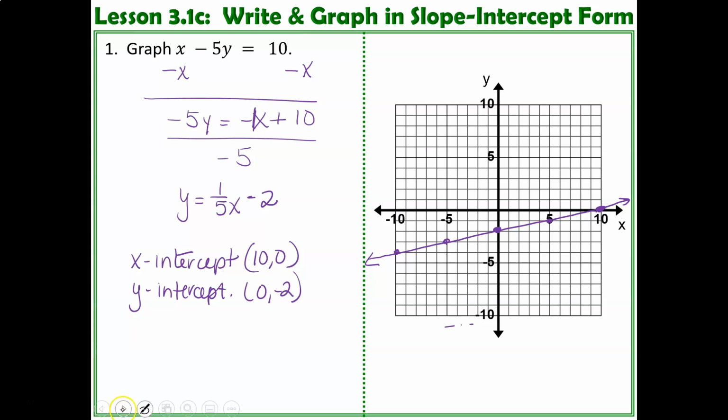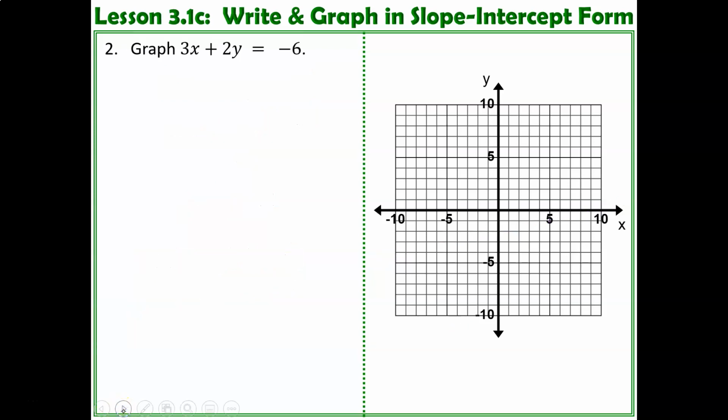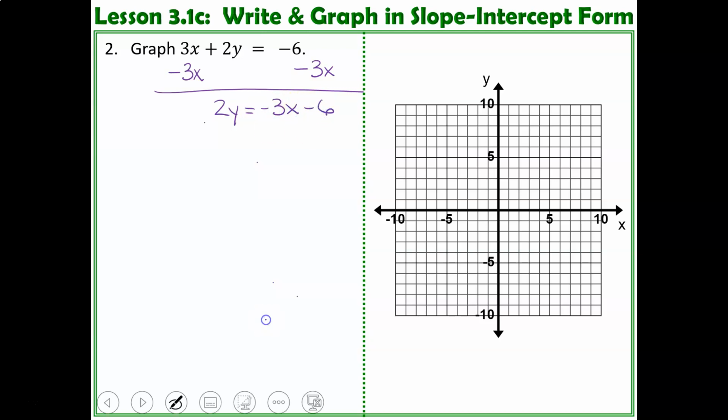Okay, let's try to rearrange this one. Remember, our goal here is to get y alone. So I am going to subtract 3x from both sides. I have 2y equals negative 3x minus 6. Now I'm going to divide by 2. Everything gets divided by 2.